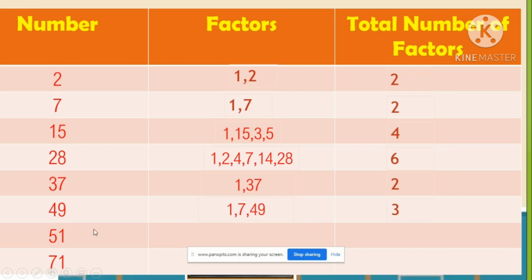And yung number 51 naman, factors niya is 1 times 51 and 3 times 17. So 1, 2, 3, 4. We have 4 factors. And finally, the number 71, the factors of 71 are 1 and 71 only. So we have 2 factors.